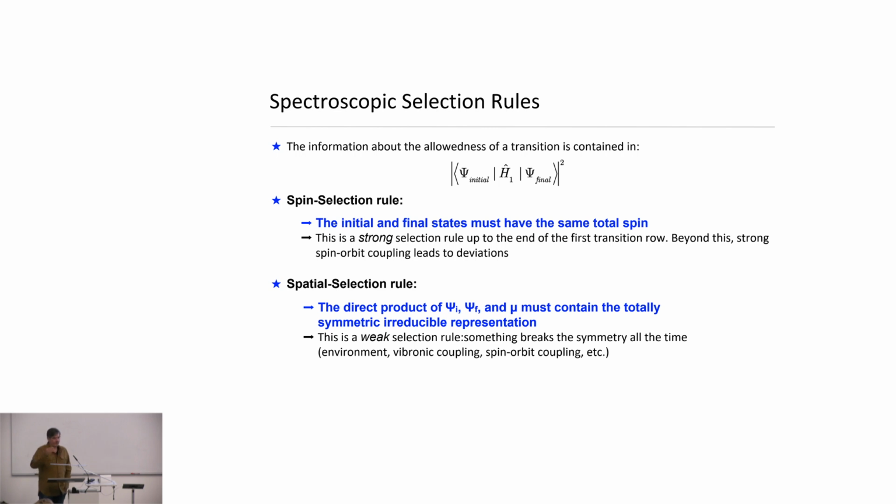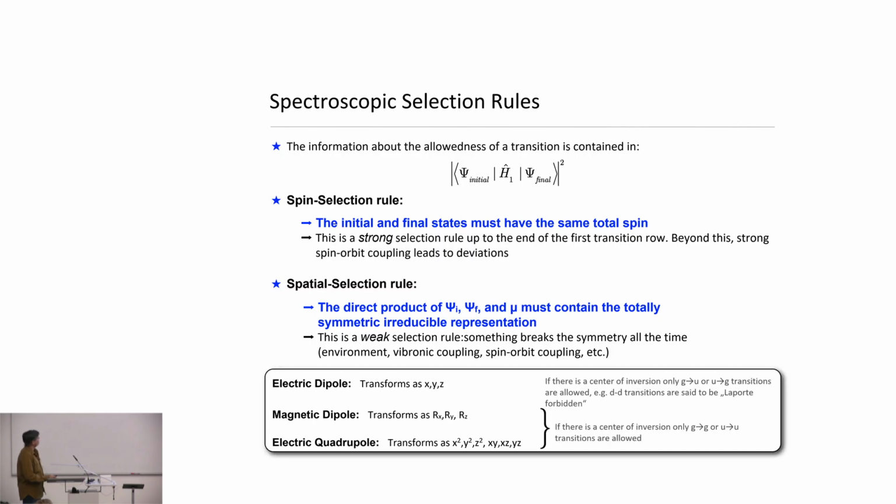And since there are 3 components to the electric dipole operator, and if you look into your group theoretical tables, these are the ones that are listed in the columns as X, Y, and Z, you can figure out what the polarization of the transition is once it's allowed. Yeah? So that is a spatial selection rule. So an electric dipole operator transforms as X, Y, Z.